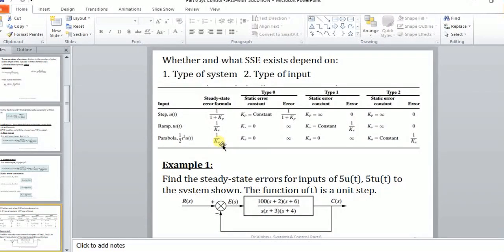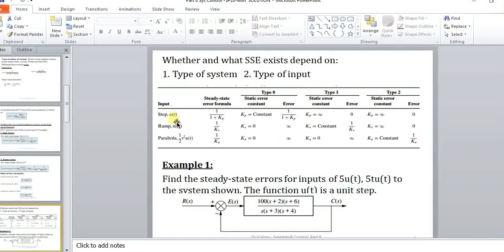Before we mentioned that the steady state error depends on the type number of the system. Now there may be cases in which you don't have any steady state error. There are cases in which you have error but which is finite, and there are cases in which you have infinite error. Now this table shows what type numbers will give you what type of errors for what type of inputs.